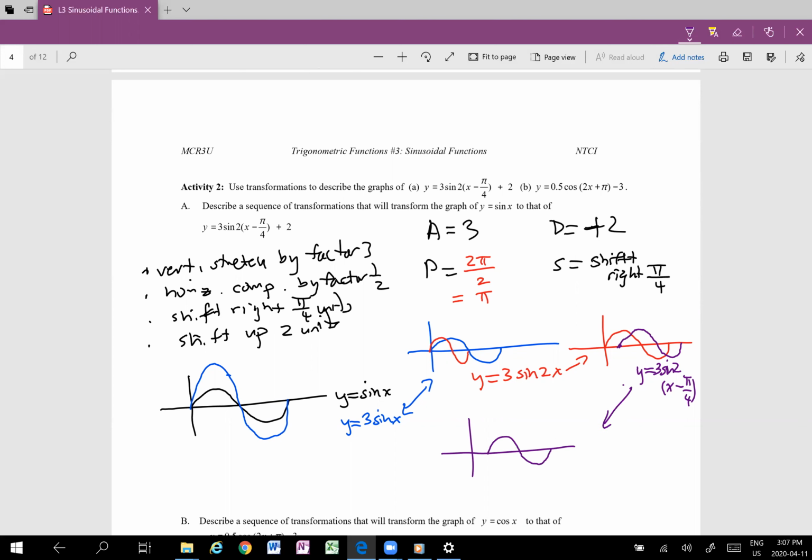That's the same. And we're going to shift it up too, to the orange. Oops, that's not right. That's 3, so that should be something like maybe down there.